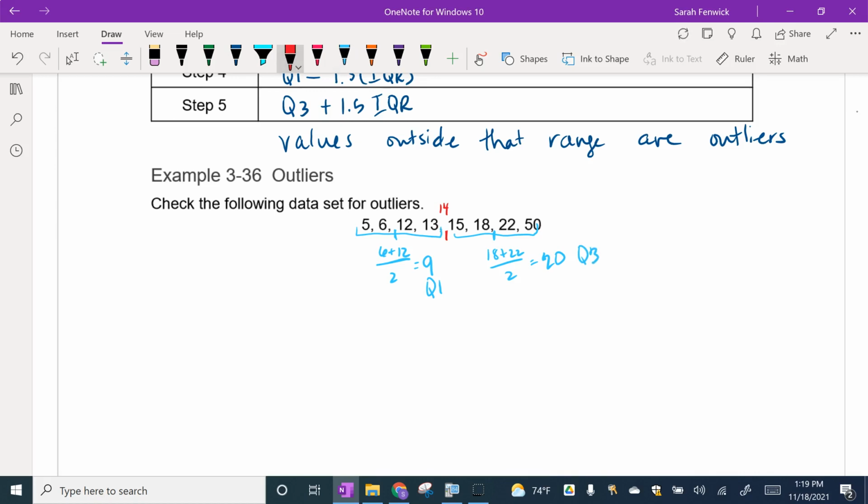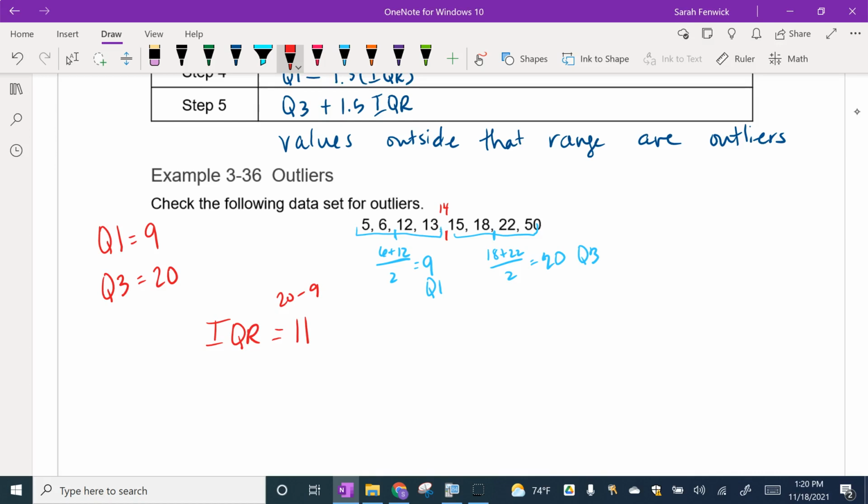So, got the first part taken care of. Q1 equals 9. Q3 equals 20. So our IQR is 11. 20 minus 9, right? In this next part, if this comes out as an easy number to deal with, no problem.